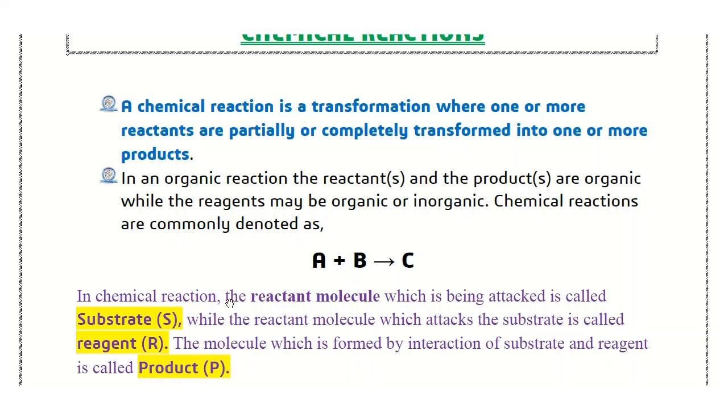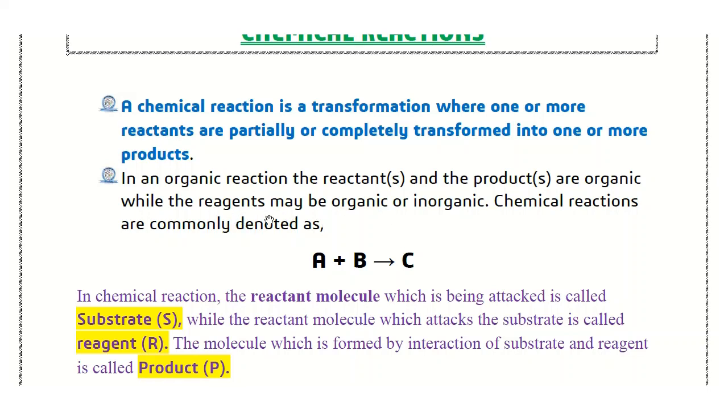As our focus is on organic reactions, an organic reaction is basically a type of reaction that occurs in organic molecules, meaning those which contain the chemical skeleton of carbon and hydrogen, whether they are aromatic, aliphatic or alicyclic. And in those organic reactions, our reagent molecule may be organic or inorganic.